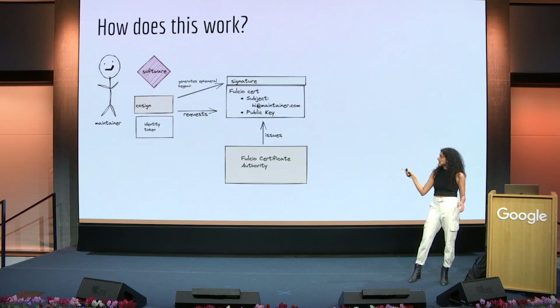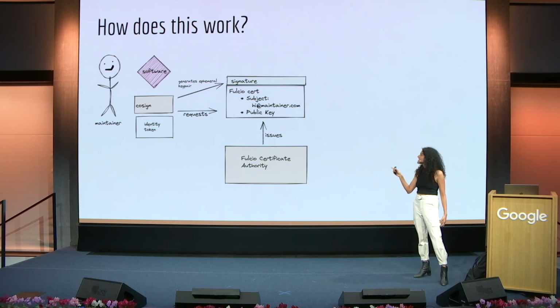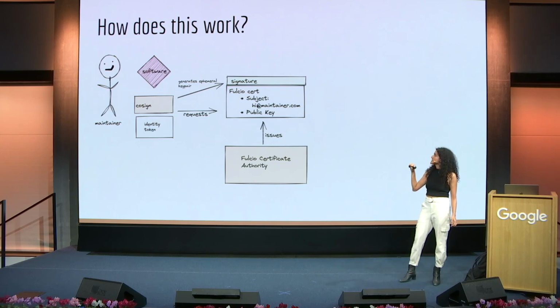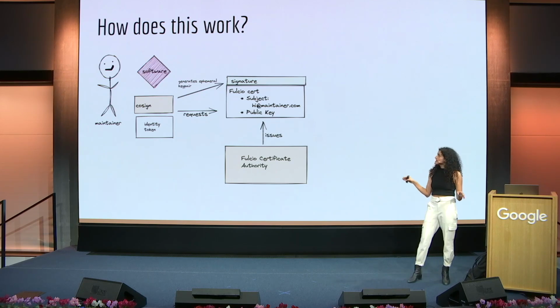Cosign will then send that identity token to the Fulcio Certificate Authority, which will validate it and issue a certificate. Under the hood, cosign is also going to generate an ephemeral key pair. We like to call this keyless signing, in quotes, because technically you never need to generate the key pair yourself. But cosign will generate a temporary ephemeral key pair in memory, which will never hit disk and only exists for the duration of this signing.